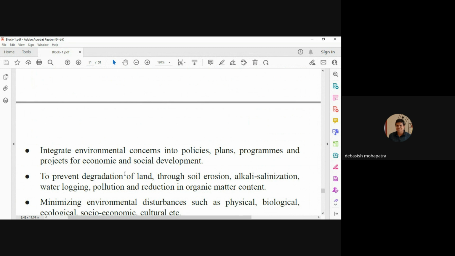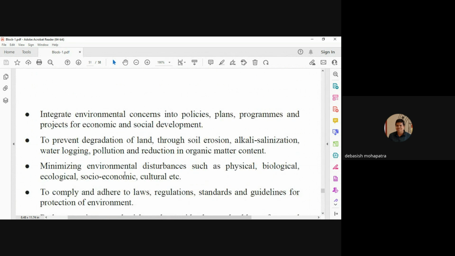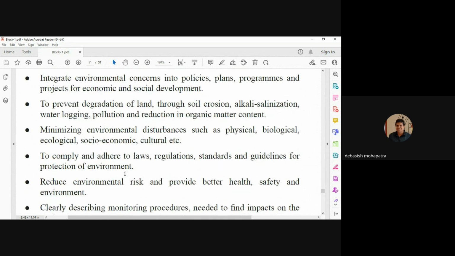Integrate environmental concerns into policies, plans, programs and projects for economic and social development to prevent degradation of land through soil erosion, alkaline salinization, waterlogging, pollution and reduction in organic matter content. Minimize environmental disturbances such as physical, biological, ecological, social, economic, cultural, etc. To comply and adhere to laws, regulations, standards and guidelines for protection of the environment.